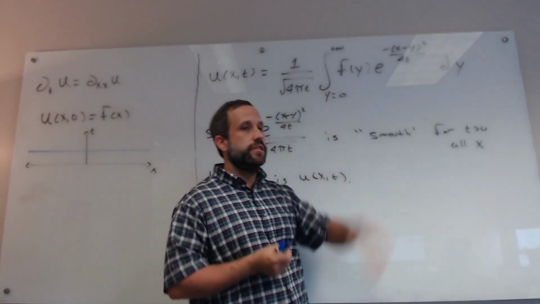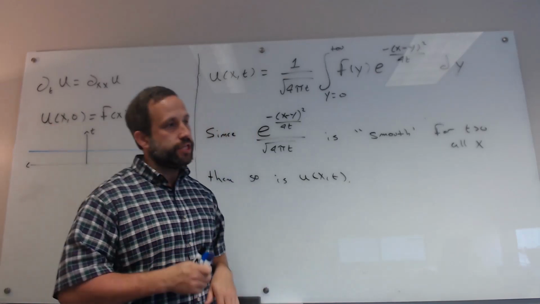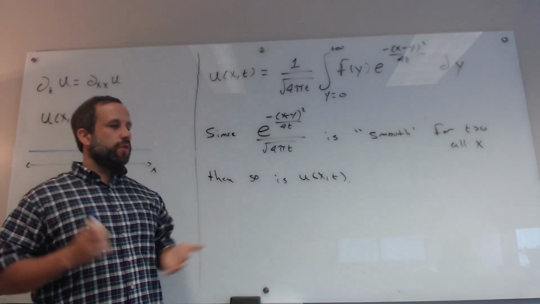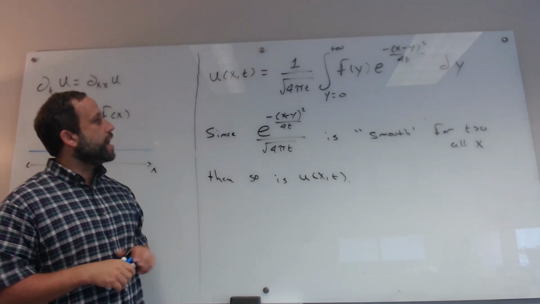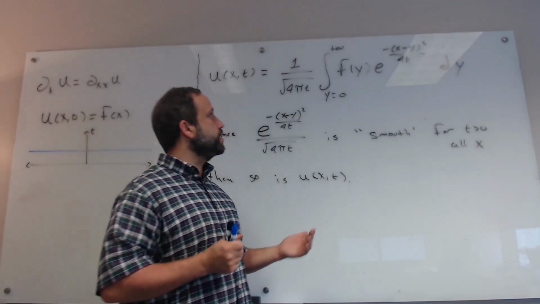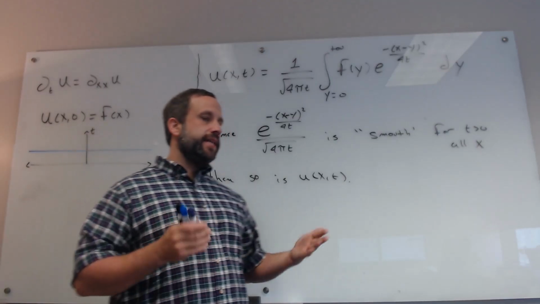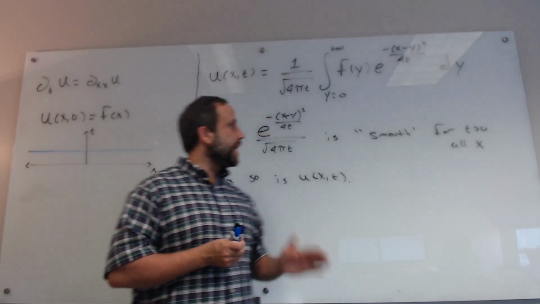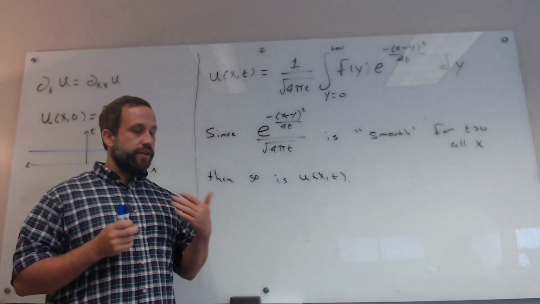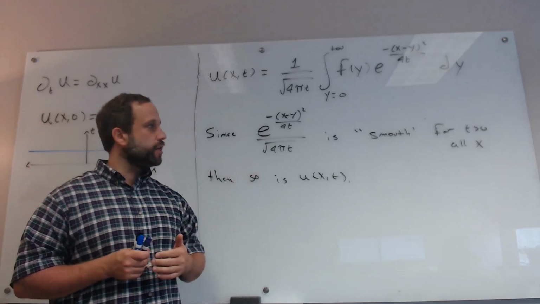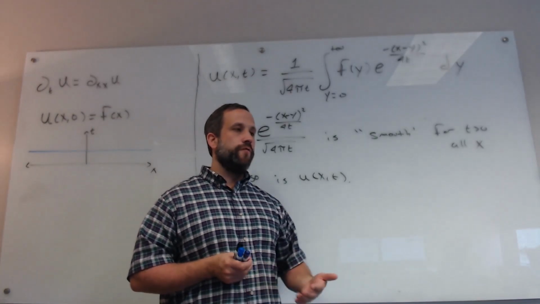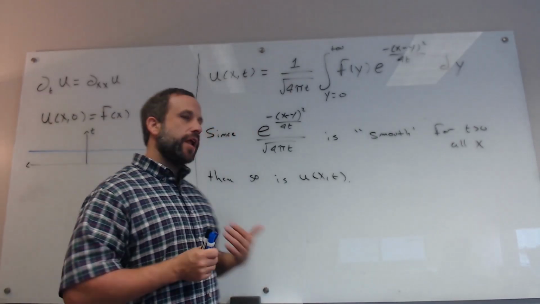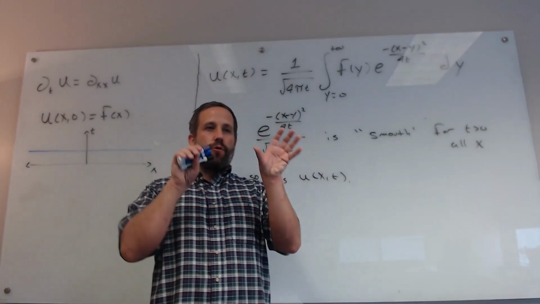You take a function that is very badly behaved in terms of differentiability. We do need it to be integrable, at least in some sense, but you can take f to be a very badly behaved function in terms of differentiability, and its heat extension is going to be infinitely smooth. That is, it's going to be infinitely differentiable for all t greater than 0 and all values of x. Okay, so now this is interesting because I can take a very rough function.